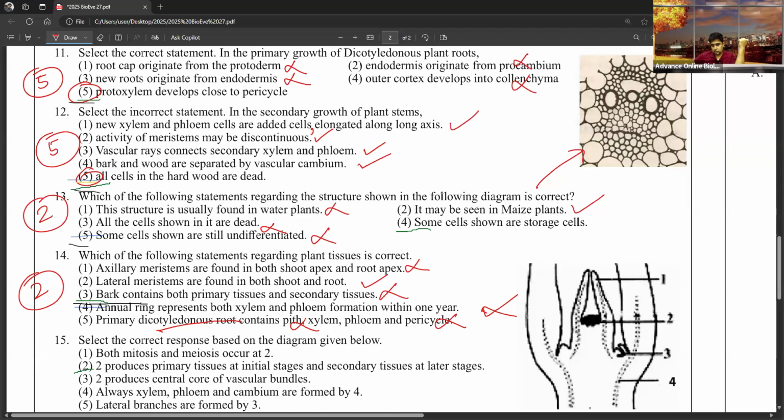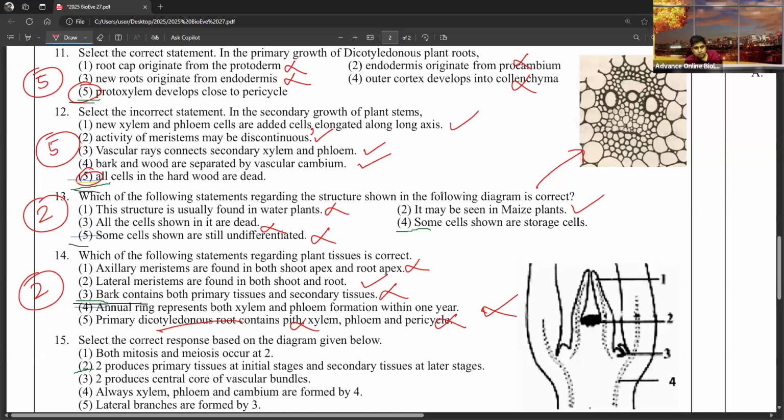We'll take the second as the best. You have arguments? Bark contains primary tissues? Bark is the tissues present outside the vascular cambium in a secondary grown stem. So the bark will contain both primary phloem and secondary phloem, both present.